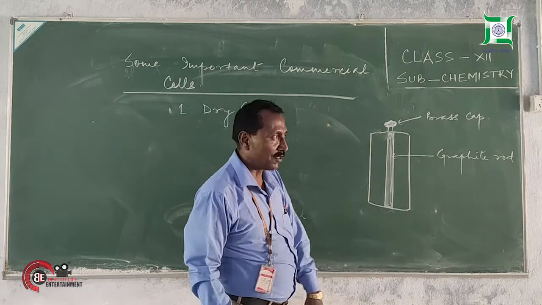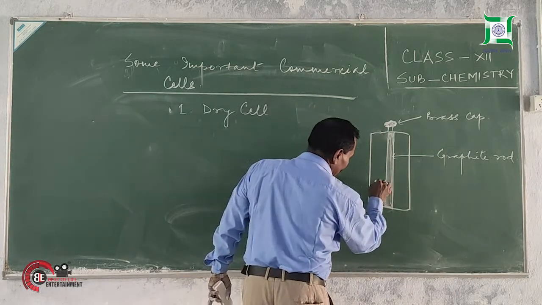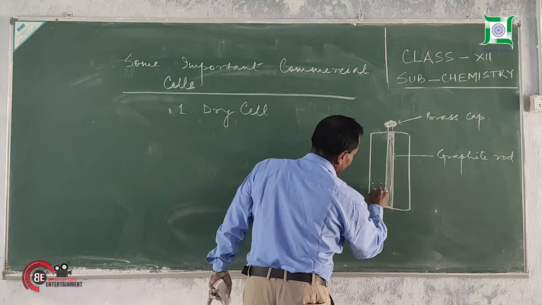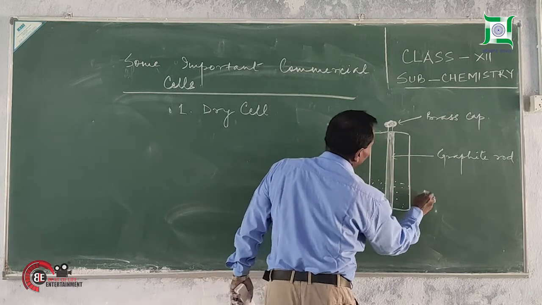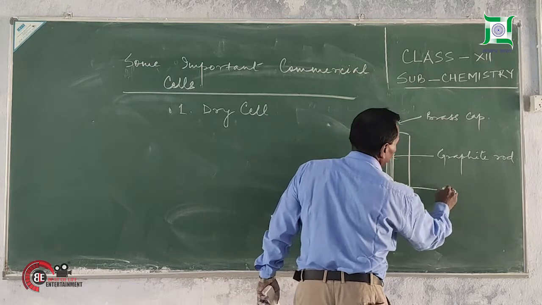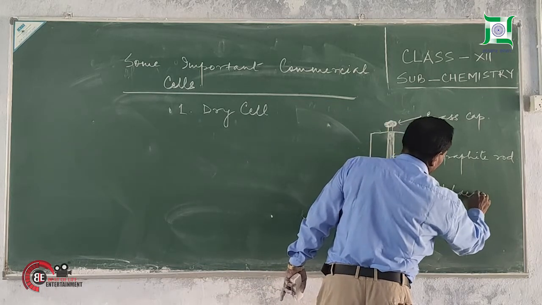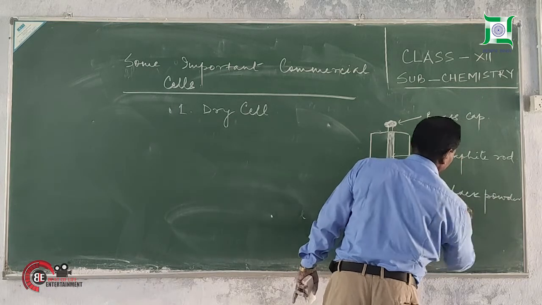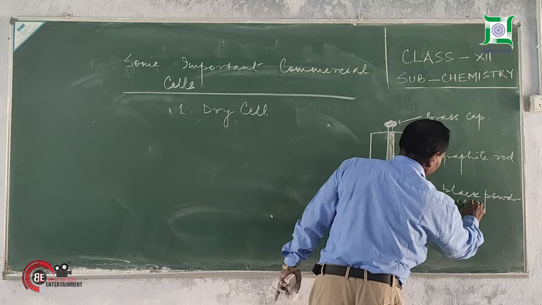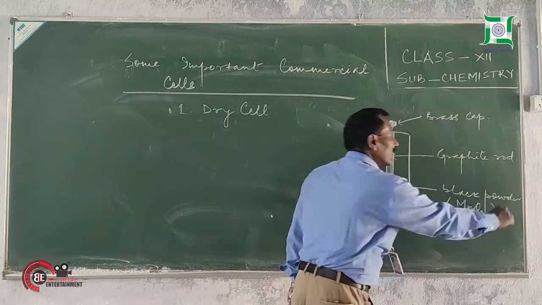Now this graphite rod is surrounded with some black powder, and this black powder is of manganese dioxide.